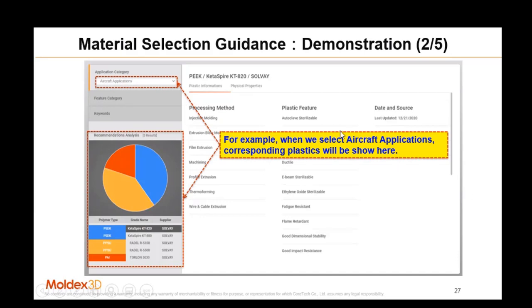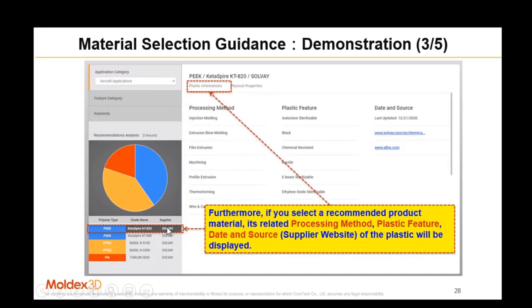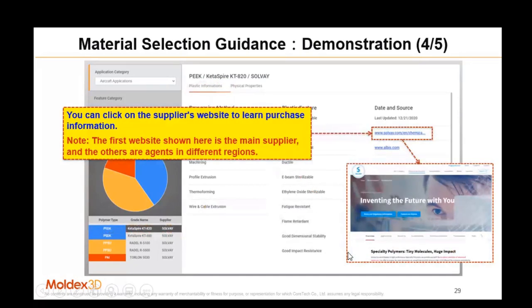For example, I select aircraft application, and here we'll show the recommended materials. So pick one. The right side will show its relevant information about processing method, process feature, or source. That is the supplier website. So you can click the supplier website to learn the further information.